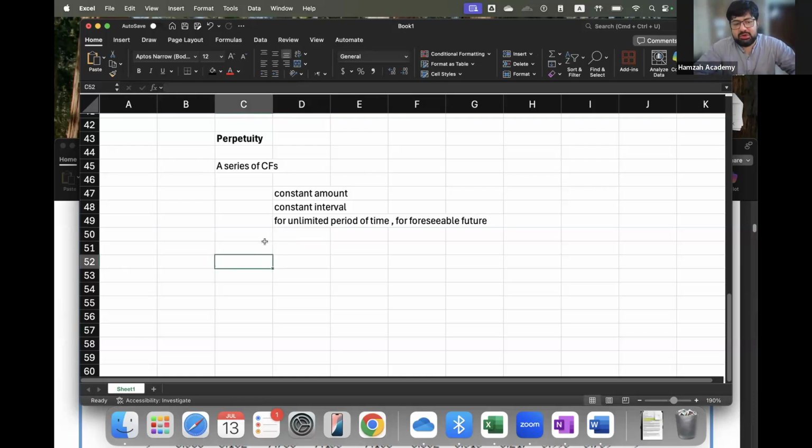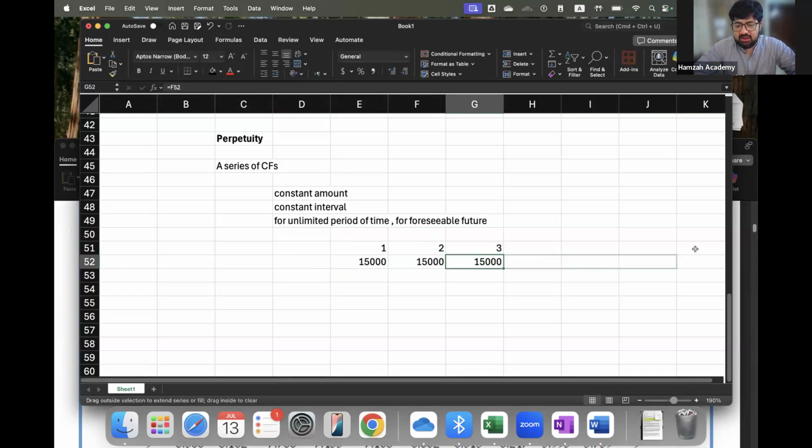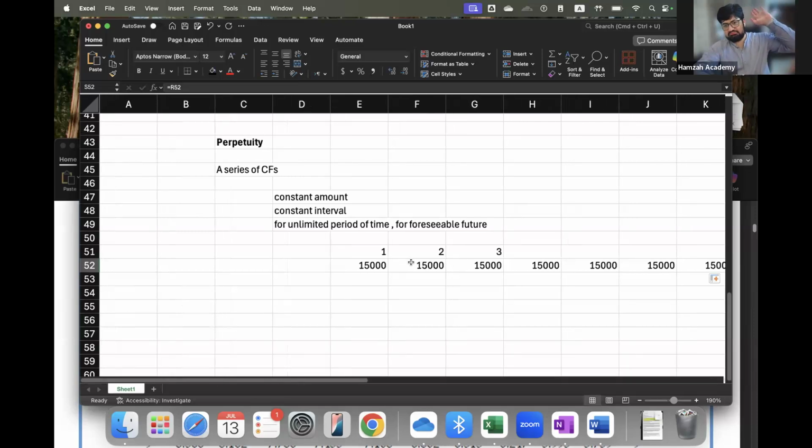And how to calculate present value of perpetuity? For example, we say that you will be getting from year one 15,000, and every year in the foreseeable future you will be getting the same, continue perpetuity. Cost of capital, for example, is 12%.